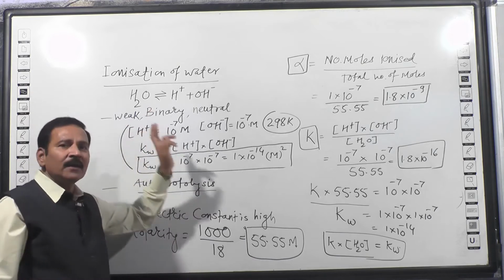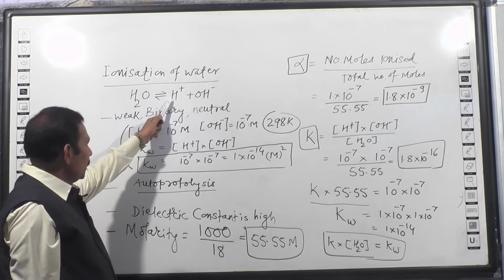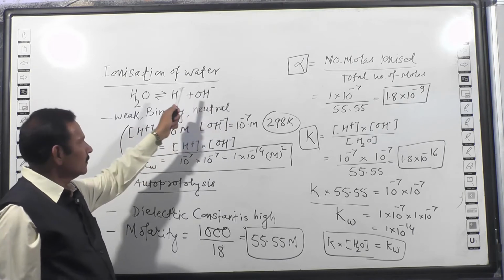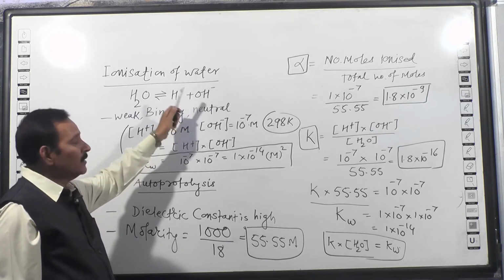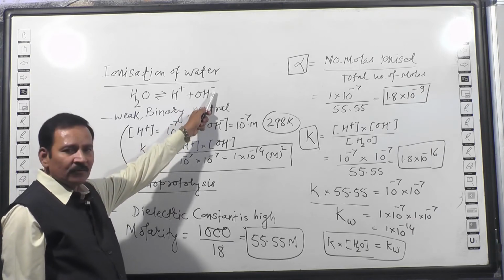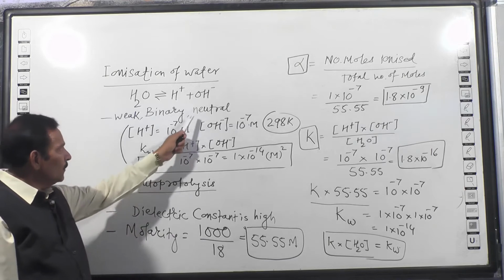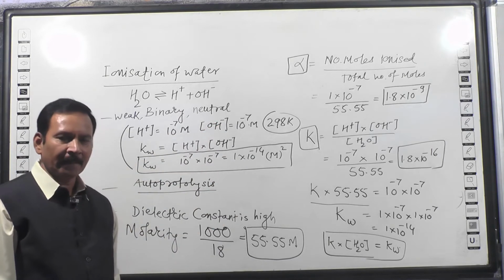Why is it a binary electrolyte? Because it gives an equal number of plus and minus ions having equal charge. 1 H plus, 1 OH minus, the charge of H plus is 1, the charge of OH minus is also 1. So this is a binary electrolyte, and the third point is it is neutral in nature.